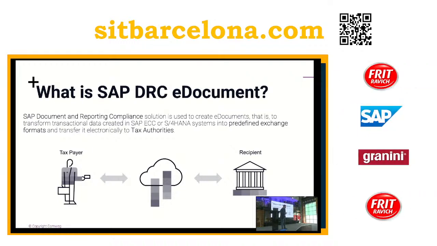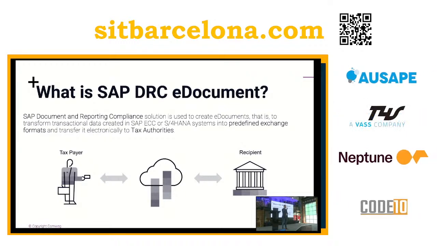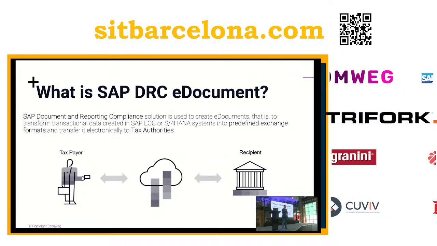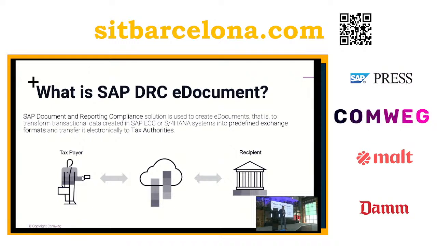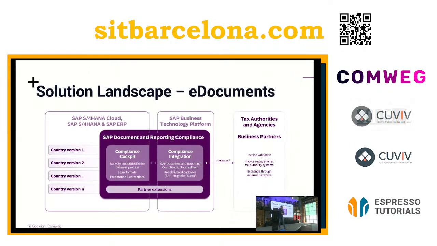Okay, but what is the SAP Document and Reporting Compliance? The SAP DRC is the standard solution to create electronic documents in real time: retrieve the data from S/4HANA, transform it to a given, predefined format, and then send it to the tax authority or business partner. So important, this solution is able to extract data, transform it into a format, and send to a receiver. The solution landscape consists of two main blocks.